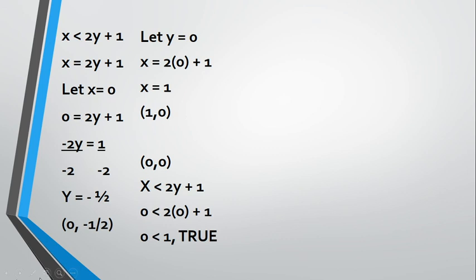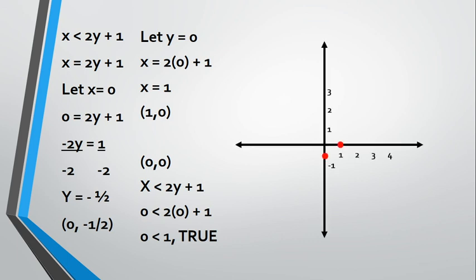Now, class, for our testing point, it should be the point of origin, so that is 0, 0. So we will substitute x and y with 0. And as you can see, the result is 0 is less than 1. That is true. And so therefore, our plane will pass through our point of origin. Okay? So here we have the negative 1 half in the y and 1 in the x.